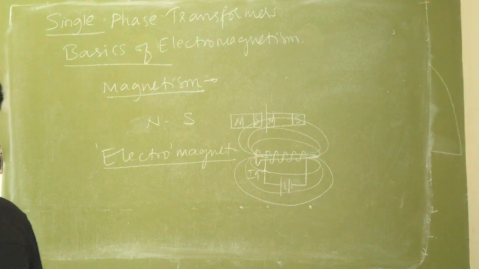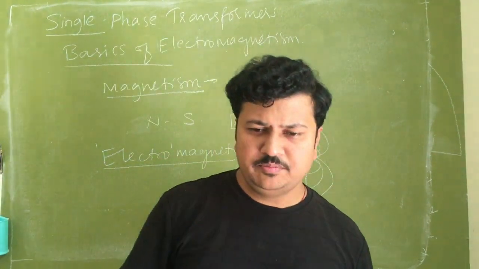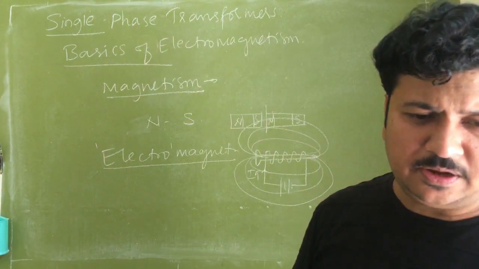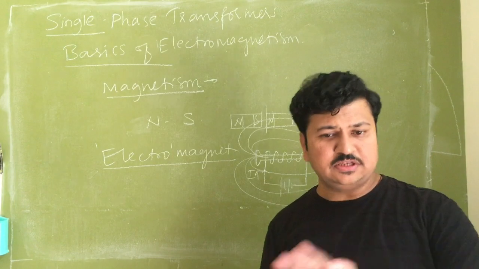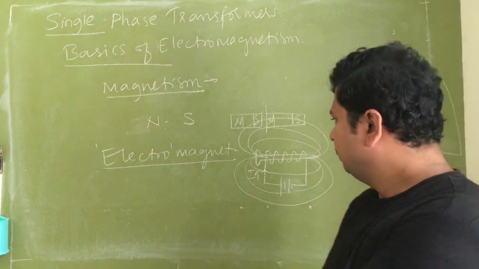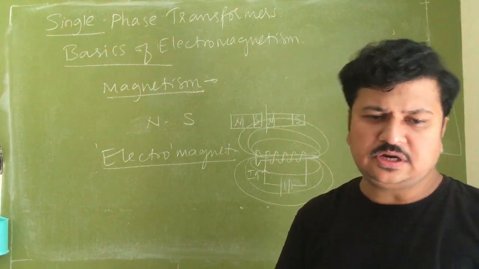Whereas with a natural magnet, control of the magnetic field is not that easy, because I would have to vary the size of the natural magnet, which is not easy once it is fabricated. But in an electromagnet, I can have the magnetic field to any extent I want.